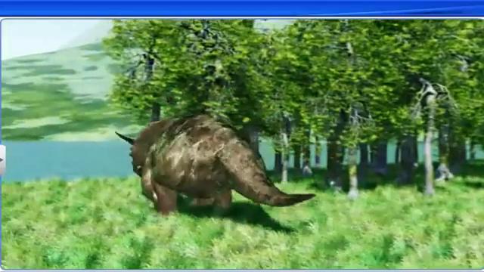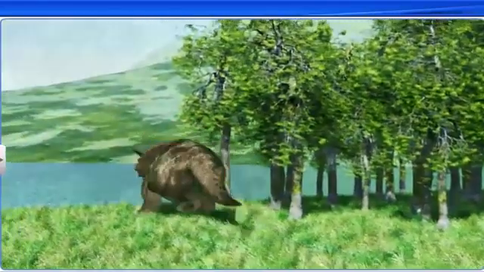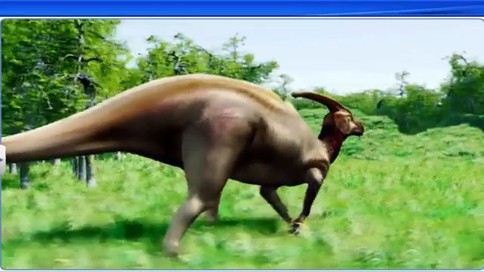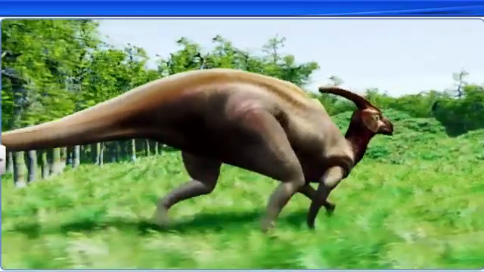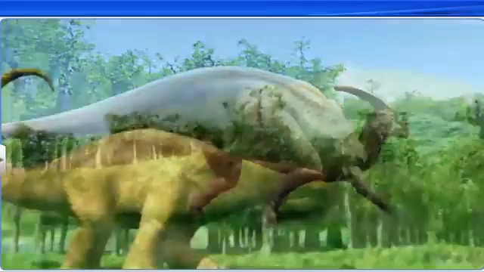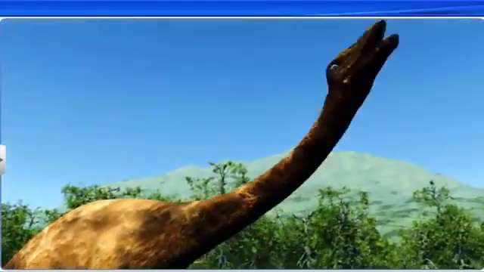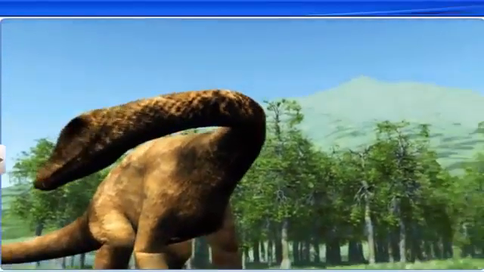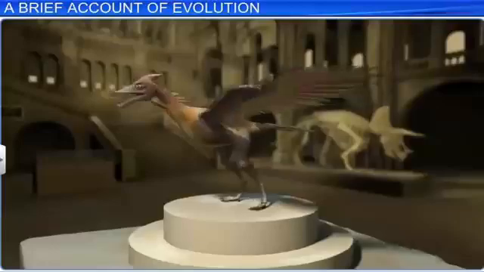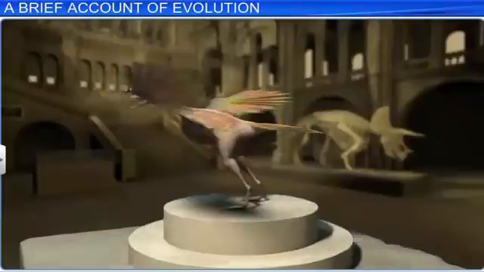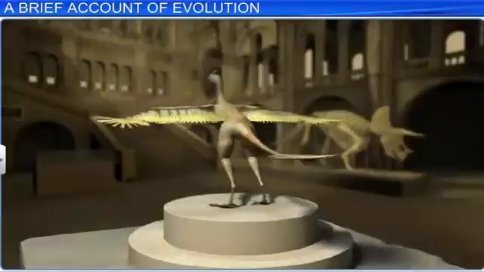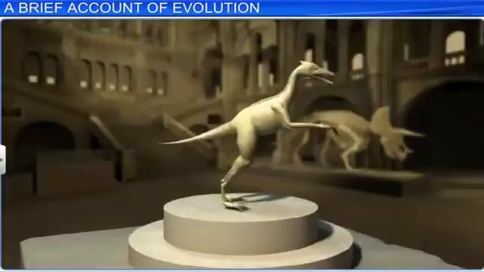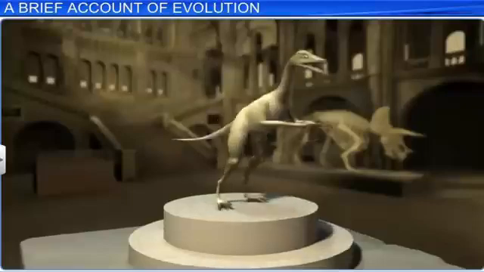They probably became extinct because they failed to cope with climatic changes, or they may have evolved into birds. However, the precise reason for their extinction still remains unknown. It is estimated that birds have descended from reptilian ancestors such as ornithischian dinosaurs during the Jurassic period of the Mesozoic era.